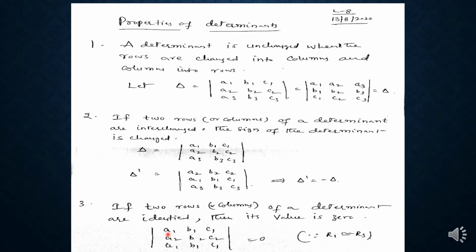The first row is a1, b1, c1, second row a2, b2, c2, third row a1, b1, c1. These two rows, first row and third row, are identical: first element equals first element, second equals second, and third equals third. Then simply we can put it equal to 0 because R1 is identical to R3.